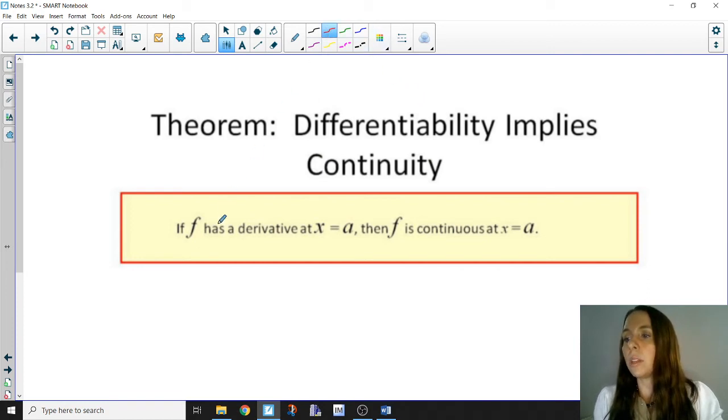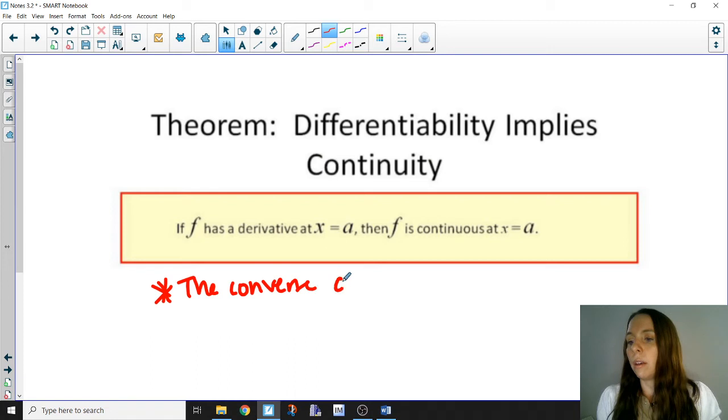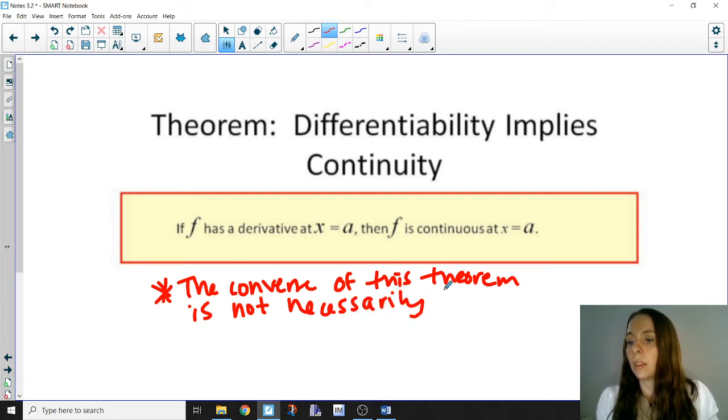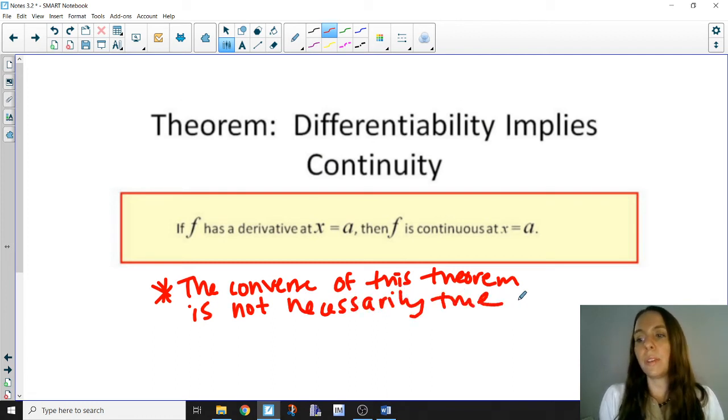And the other thing that I want to say is that the converse of this theorem is not necessarily true. And so that's what I was sort of getting at with the absolute value graph, that V is continuous, but there is still a point where it is not differentiable.